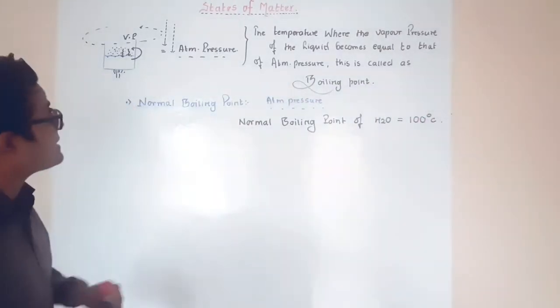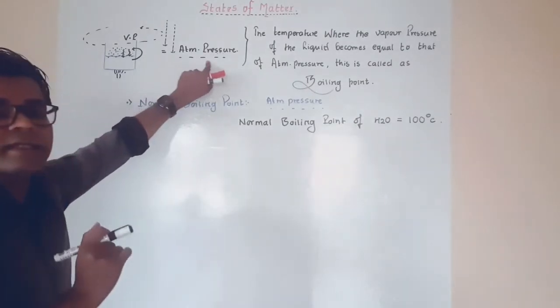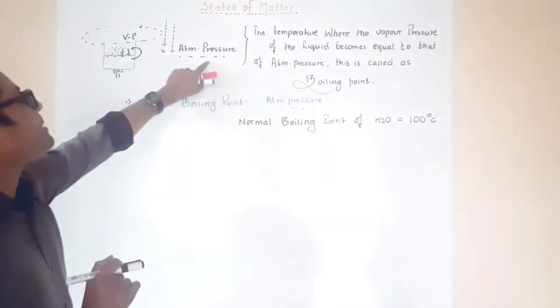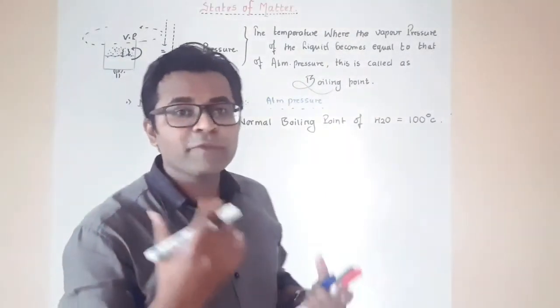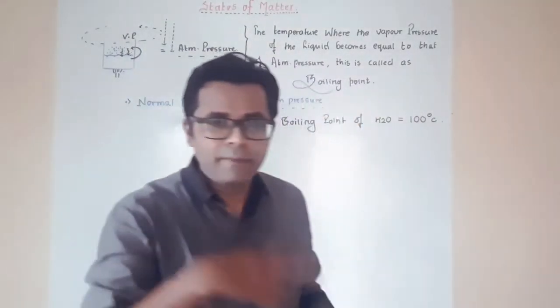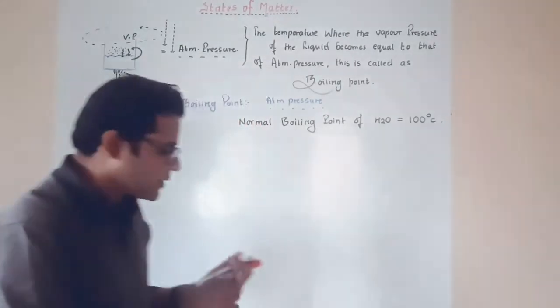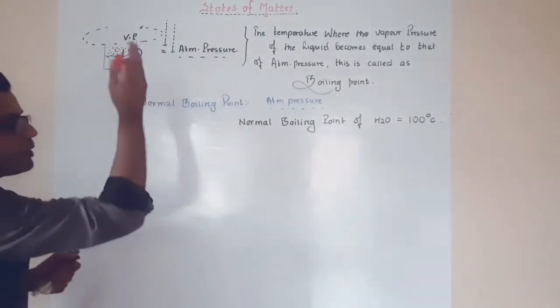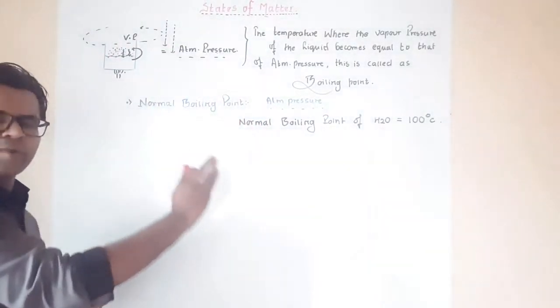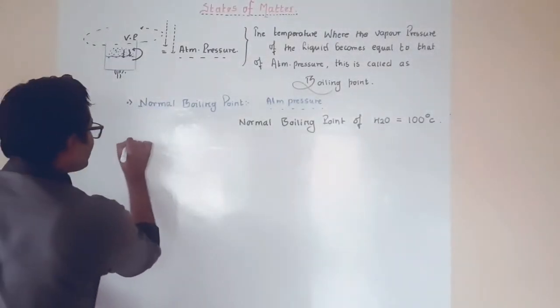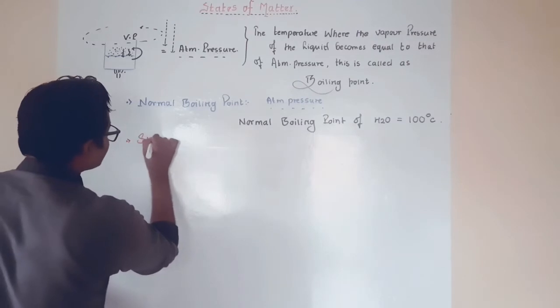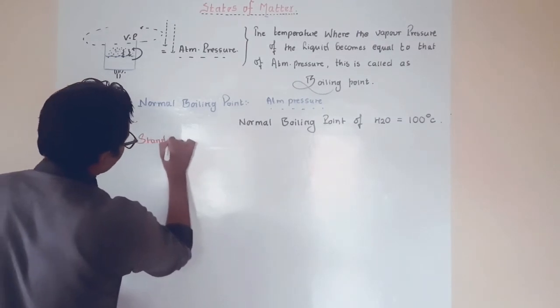Now, I said, how do we measure this pressure? Whether we are measuring it in the form of atmospheric pressure or in the form of bars. Pressure can be measured in two ways. In this scenario, we are going to take it with respect to atmospheric pressure, or with respect to bars. So the second point we have is the standard boiling point.